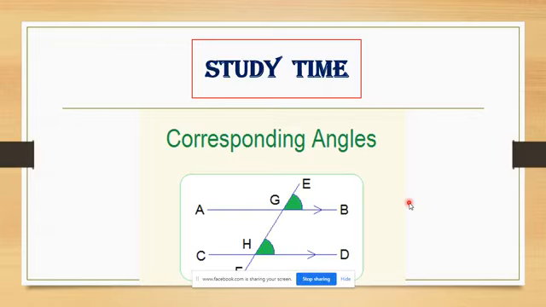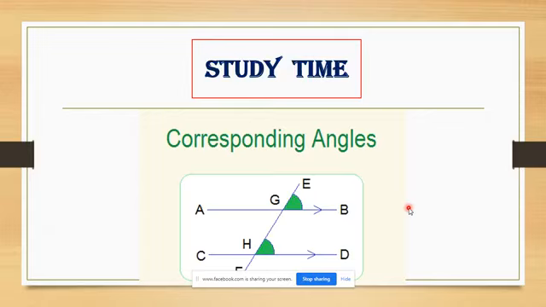You can write or you can just tell, or you can just draw this figure in your notebook, or if there is a figure already in your notebook, you will identify the pairs of corresponding angles. I want 4 pairs of corresponding angles.